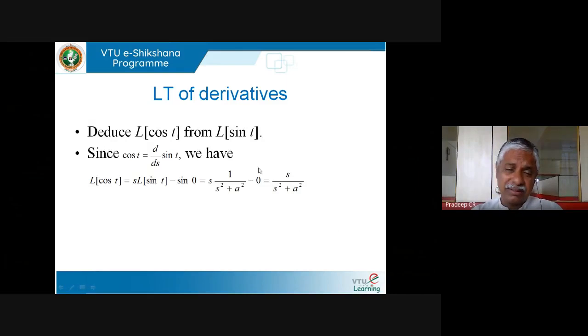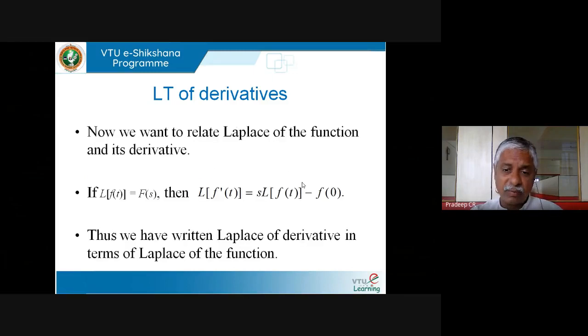Similarly, one can ask a similarly named question which says deduce L of sin t from L of cos t. If you want to deduce that, then you take f(t) equal to cos t and carry out the same steps. You get cos 0 is 1 and you make some minor fractional manipulation. You will get one from the other. This is just to make you understand this formula, that L of f dash t in terms of L of f(t) is what I have written.